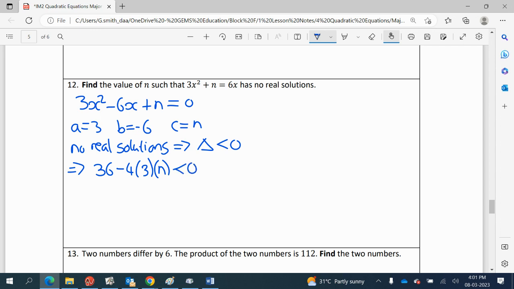This gives us 36 minus 12n is less than 0. 36 is less than 12n. 3 is less than n. So n is bigger than 3.